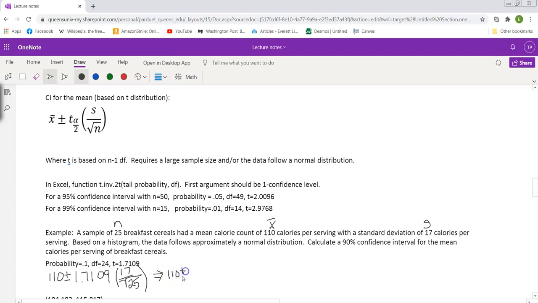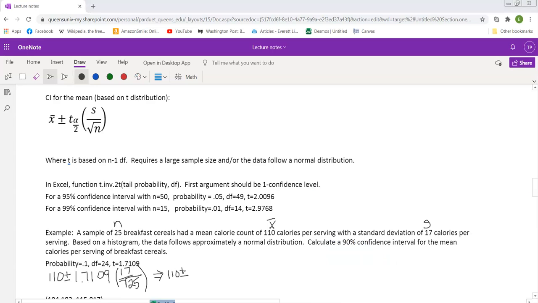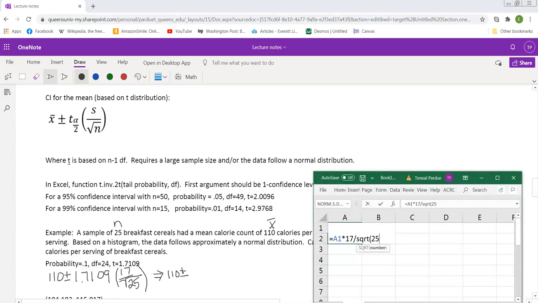So that's 110 plus or minus 1.7109, and again, we're referring to it directly here, times 17 over the square root of 25. So we get 5.817.